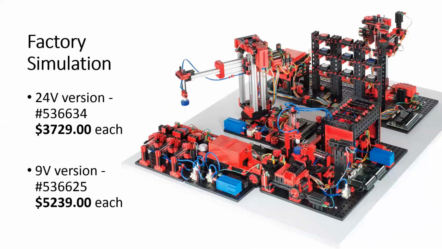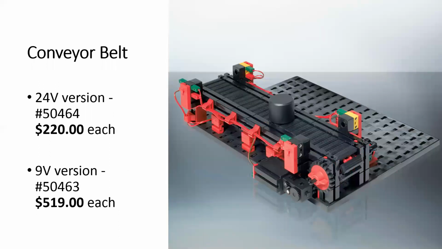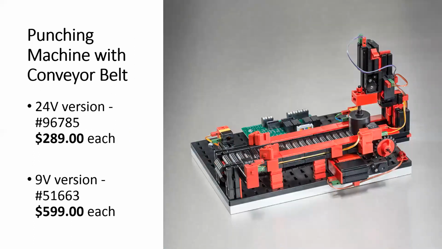The sorting line with color detection in the 24-volt version is $819, and in the 9-volt version is $1,129. The factory simulation 24-volt version is $3,729 each. The 9-volt version is $5,239 each. The conveyor belt, each 24-volt version is $220 each. Each 9-volt version is $519 each. The punching machine with conveyor belt, 24-volt version is $289 each.